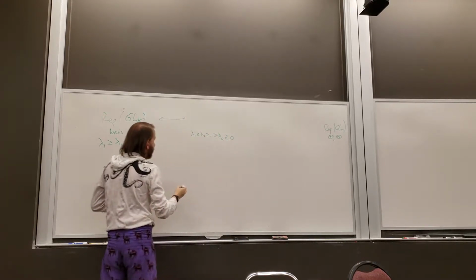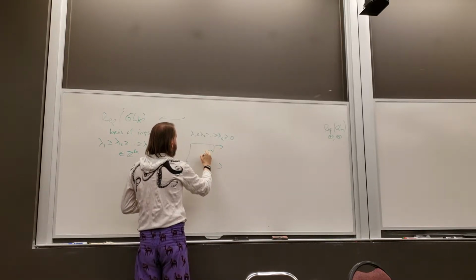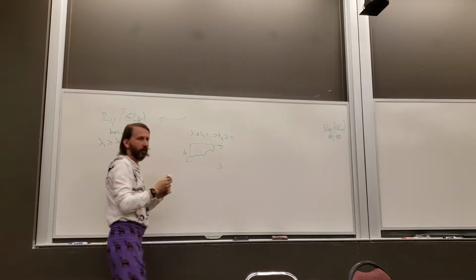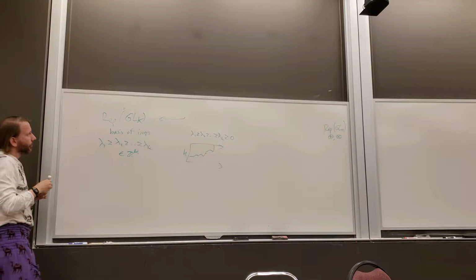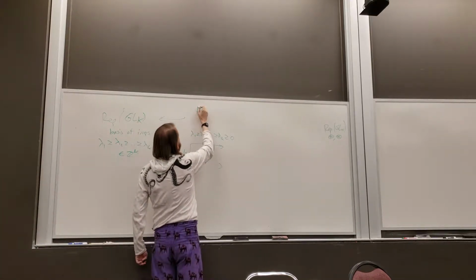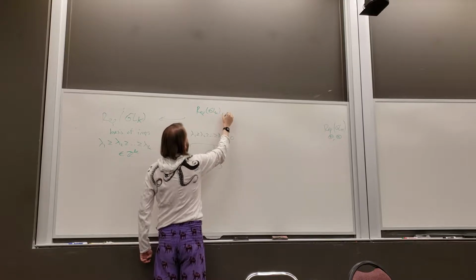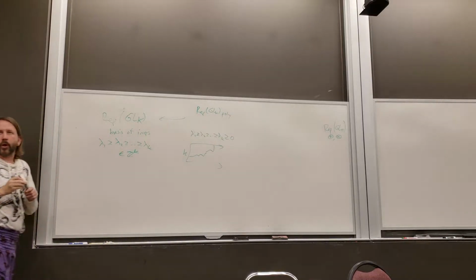Now there's a subring of this where you insist that lambda 1 down to lambda k are non-negative. One way to draw such a thing is with a partition of at most k rows and arbitrary width. This is frequently called the polynomial representations of GLK. Why is it polynomial?